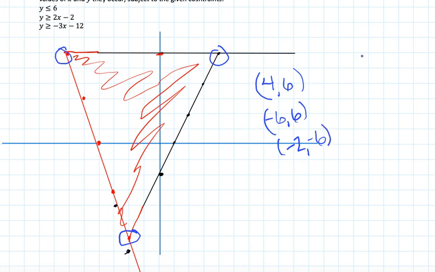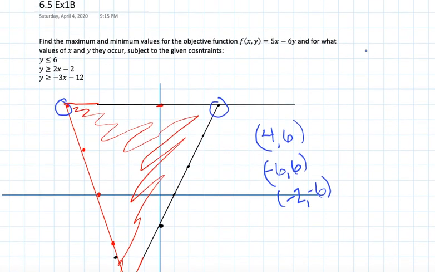All right, we need to put into my objective function, my 5x minus 6y, and I'll put each one of those into that. So 5 times 4 is 20, minus 36. I believe that's -16. It's been a while. I have -30 minus 36, and I get -66.